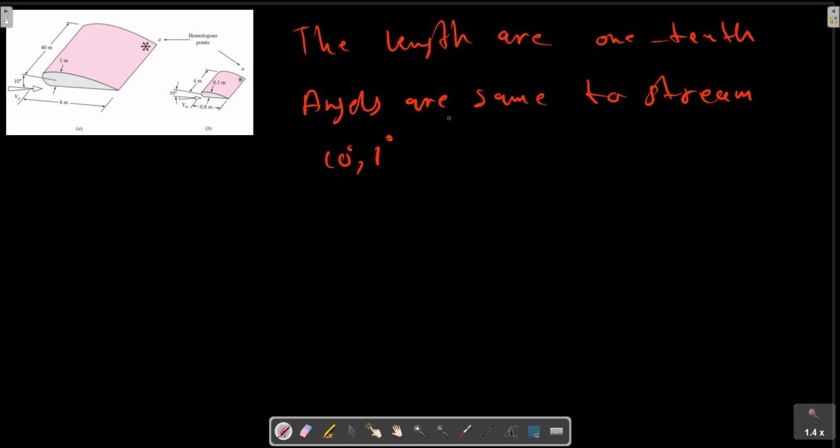All physical details on the model must be scaled, and some are rather subtle and sometimes overlooked.